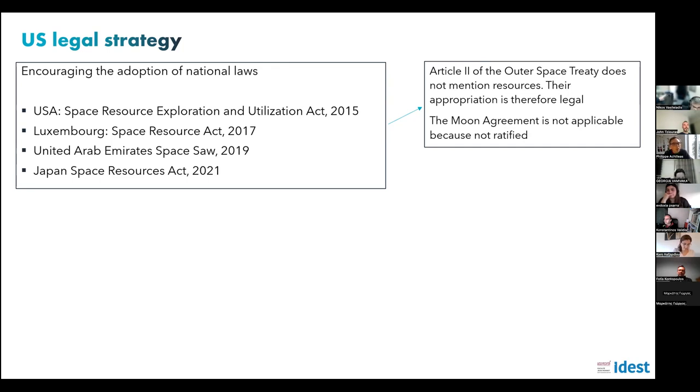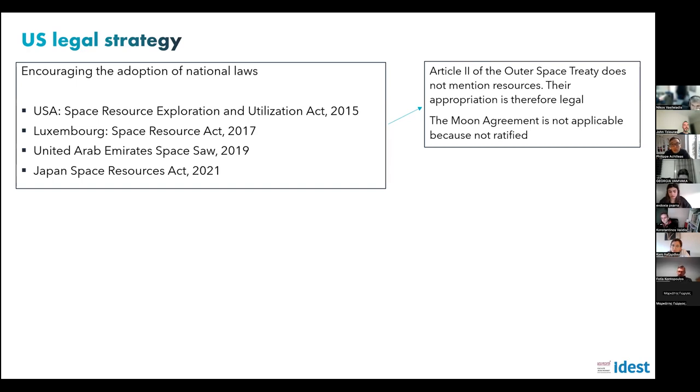So the US government considers that Article 2 prohibits appropriation of the moon or part of the moon, but does not prohibit exploitation of the resources. It's not the same, based on the US interpretation.